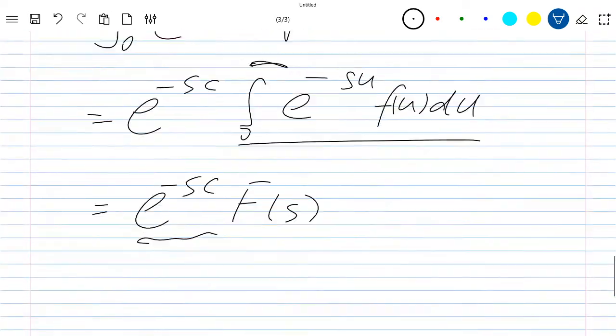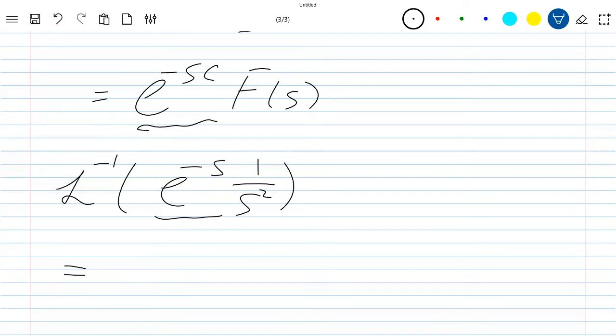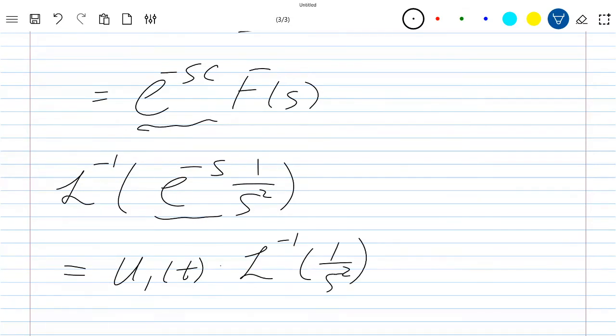All right. So for example, let's see, what is the inverse transform of, let's say, e to the negative s times 1 over s squared? All right, then we see this means c equals 1, so you start with u_1. Then you have to do the inverse transform of this, then you shift it.